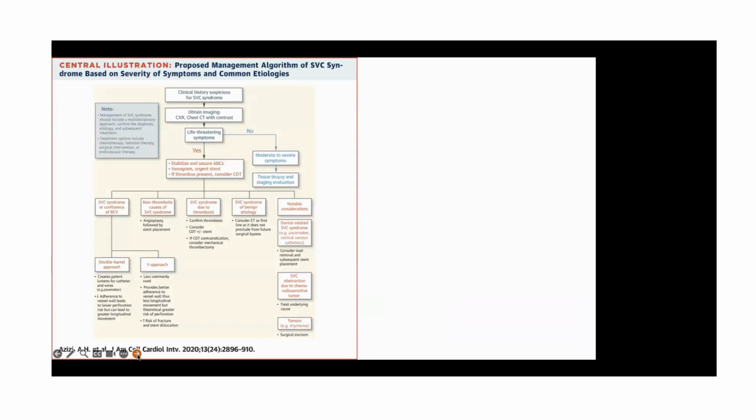I won't go deep into the details of all these, but as you see here, whenever we have any suspicion of this syndrome, we should immediately obtain imaging studies, and if there are life-threatening symptoms, the first and most important thing is to stabilize the patient. Later on, we do all these things and understand what the reason for this syndrome is and solve that problem initially.